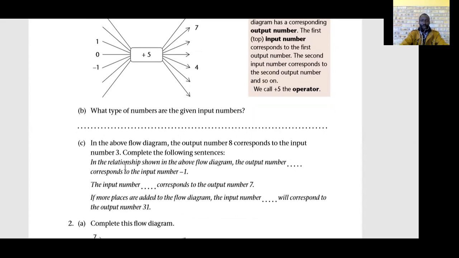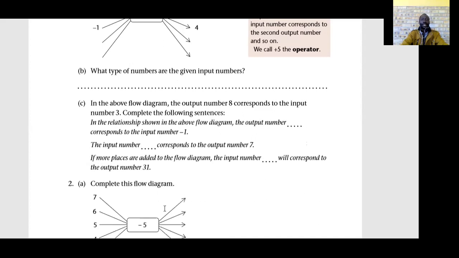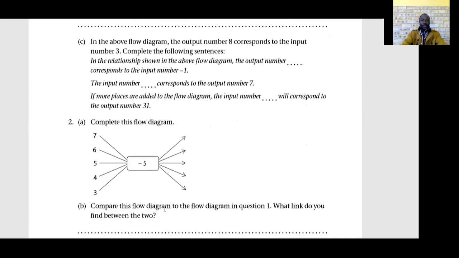In the relationship shown in the above flow diagram, the output number corresponds to -1. We did this already. The input number, we completed this. Yes, we completed it.